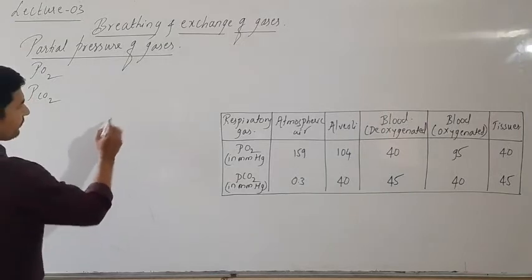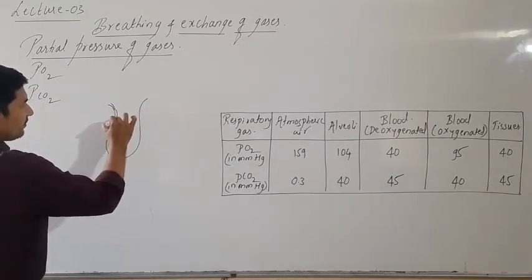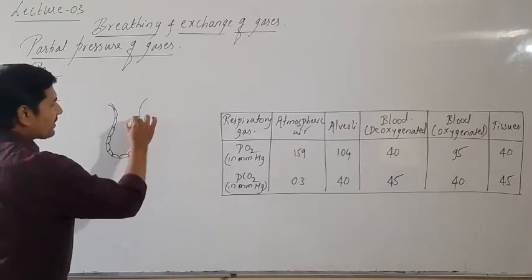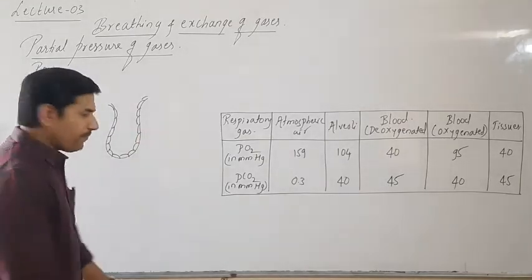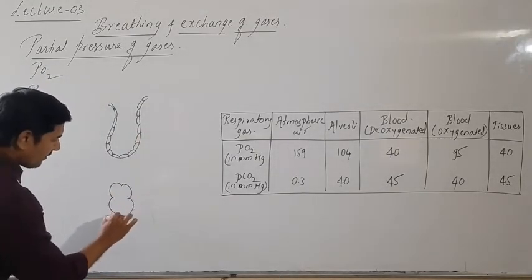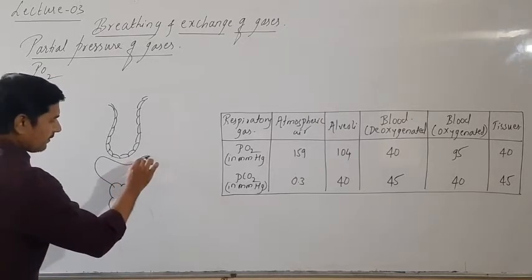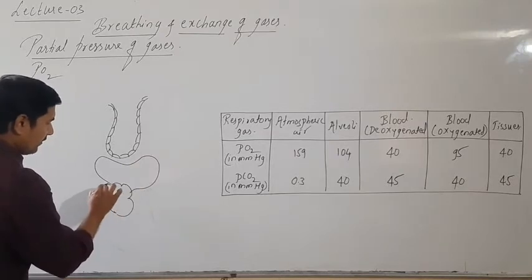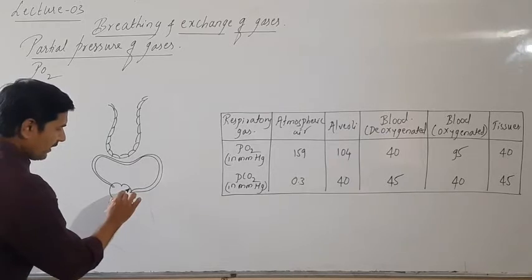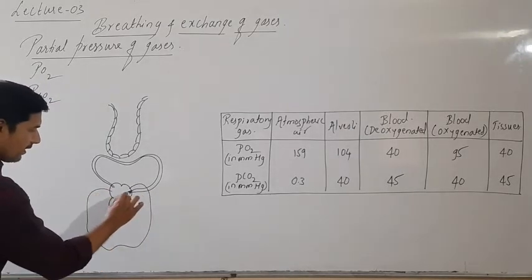Suppose this is the alveoli, and we have a diagrammatic representation of this in the NCERT also. If we take a heart, here we have the blood vessel that comes, and here we have the blood vessel that leaves the heart.